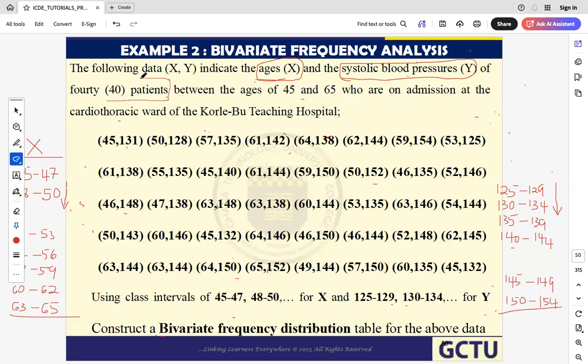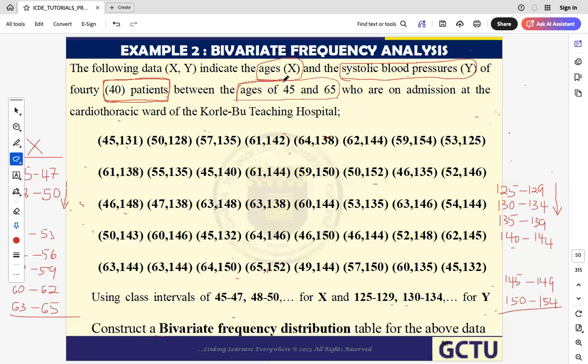So this is a ward that has 40 patients, and then probably the ward nurse or the ward administrator has taken this data, the ages of the 40 patients and their blood pressures as well. And then the administrator or the nurse is representing the ages by X and then the blood pressures by Y. The question continues to say that the ages recorded are between 45 years and 65 years.